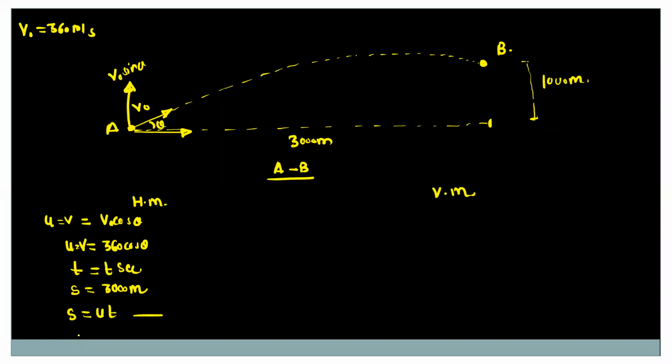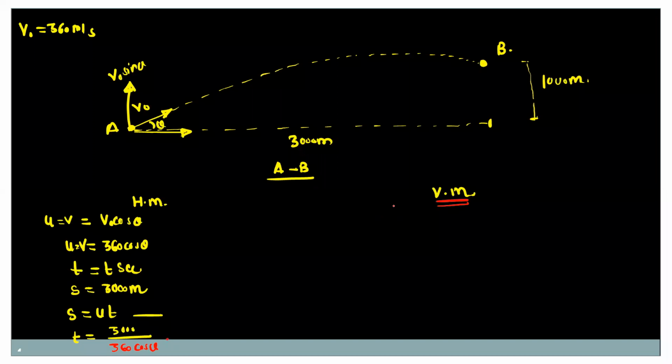So we will get T is equal to displacement 3000 upon initial velocity V0, that is 360 cos theta.